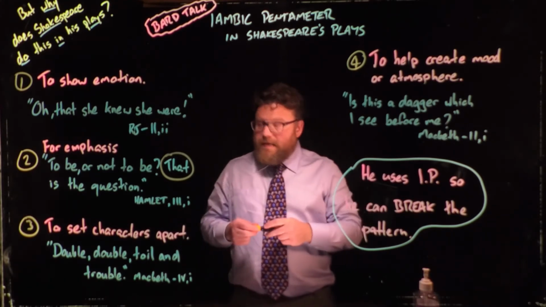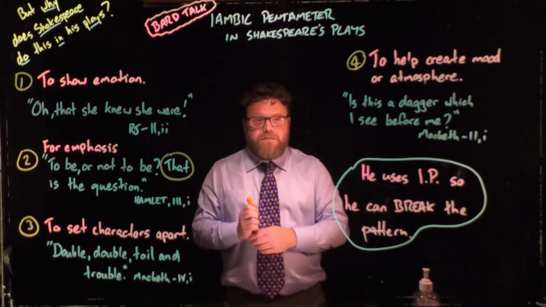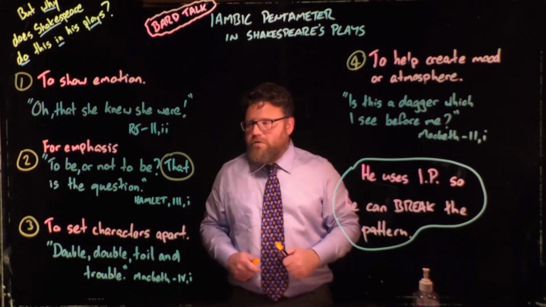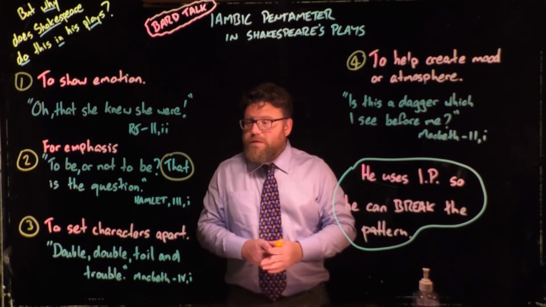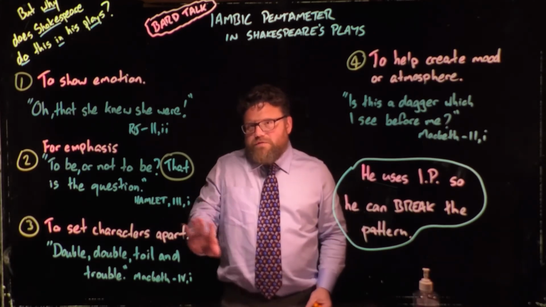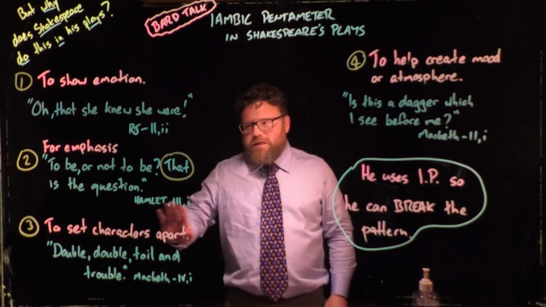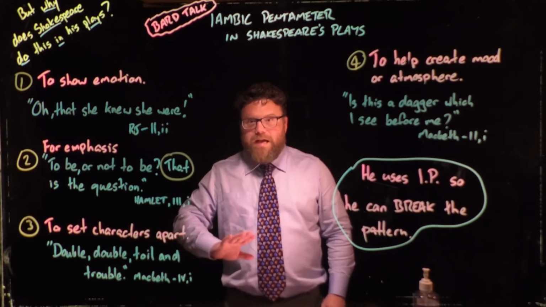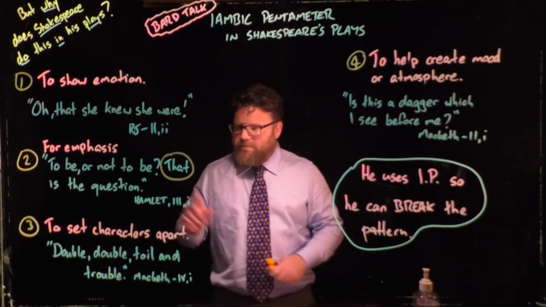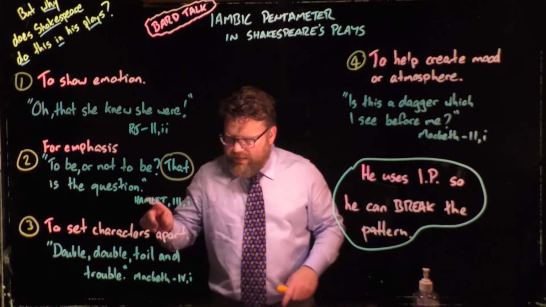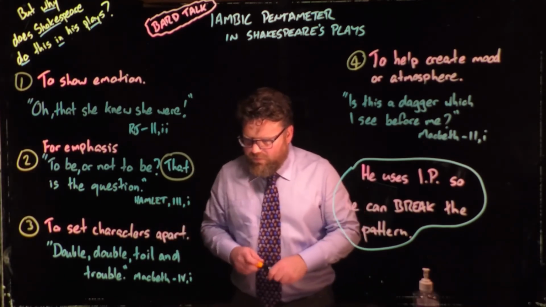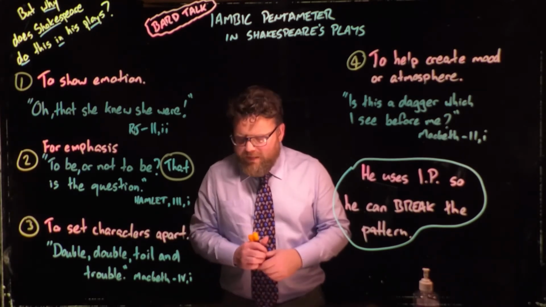A third way is another way to set characters apart. So like we were talking about earlier in the video, having some speak in iambic pentameter and some speak in prose, you can set characters further apart by having them speak in a different meter altogether, so that they're far removed from iambic pentameter. The witches in Macbeth are an example of this, when they say, "Double, double, toil and trouble." So they still rhyme, but it's not iambic pentameter.